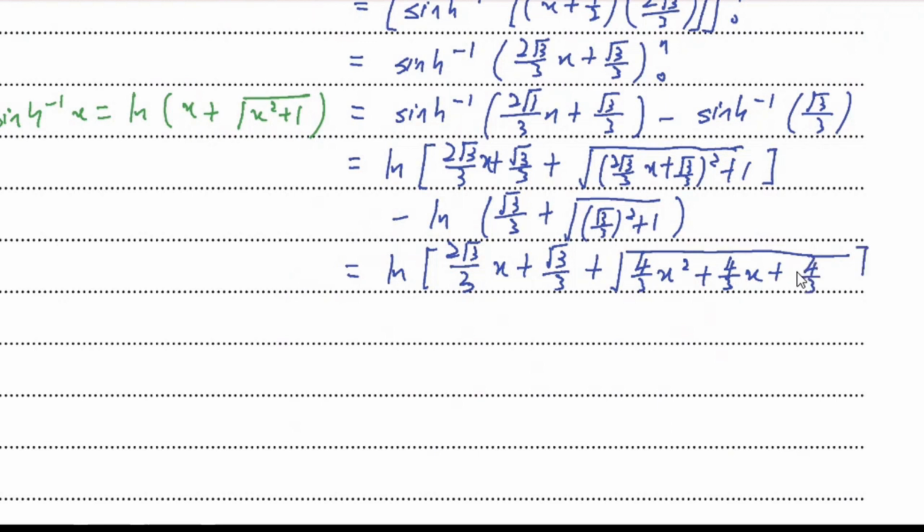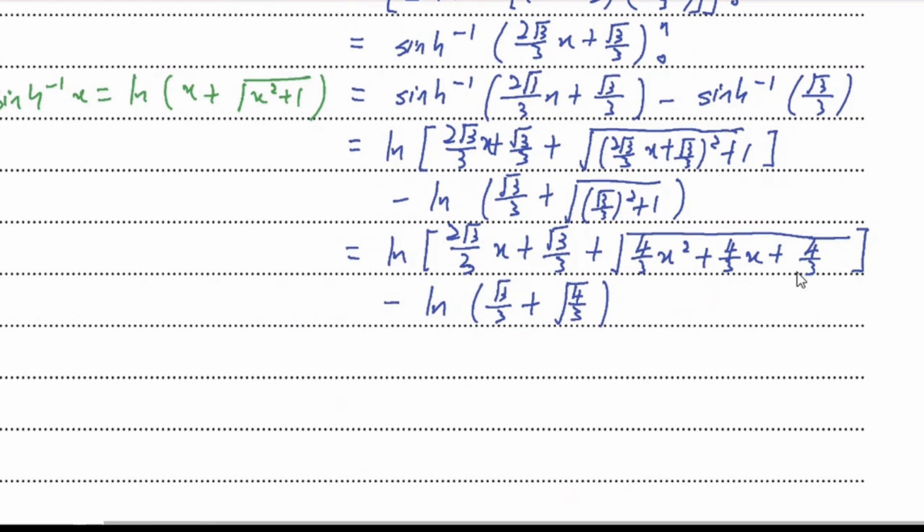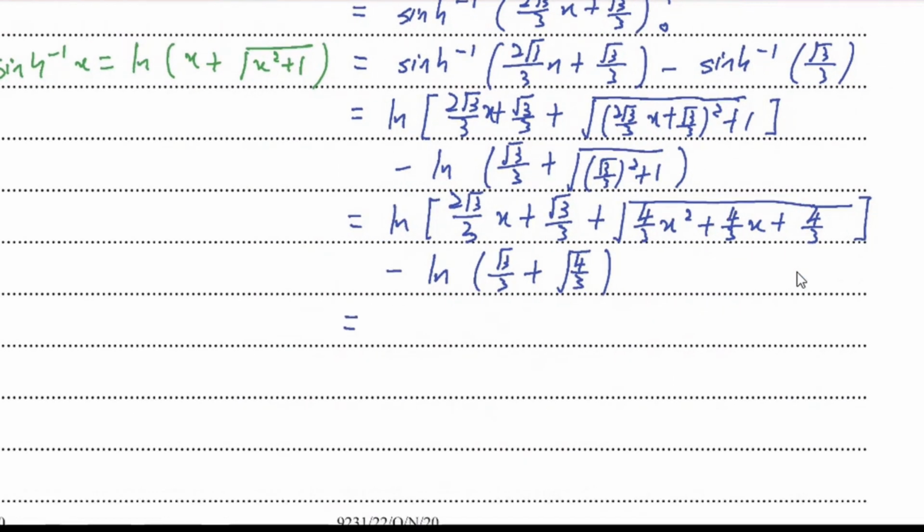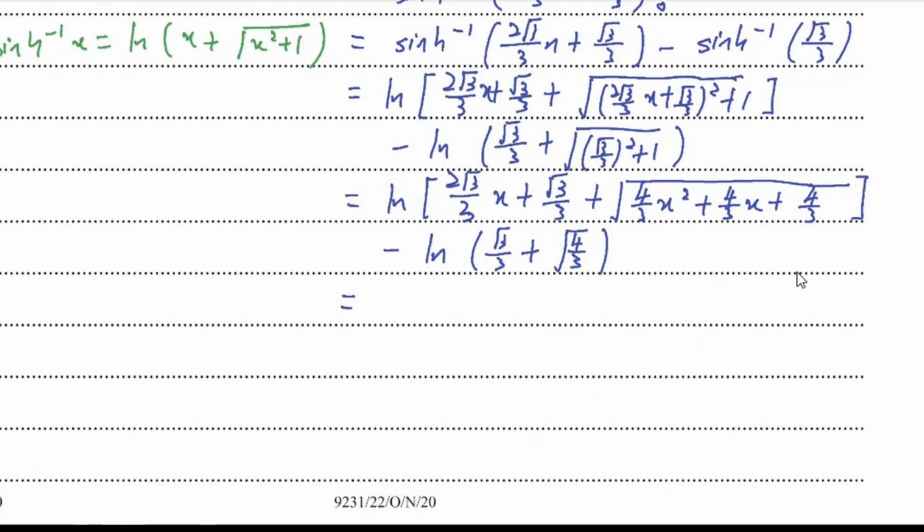Let me actually expand everything there. And then this is a minus ln of √3/3 plus the square root of 4/3. So we'll open up everything from there.